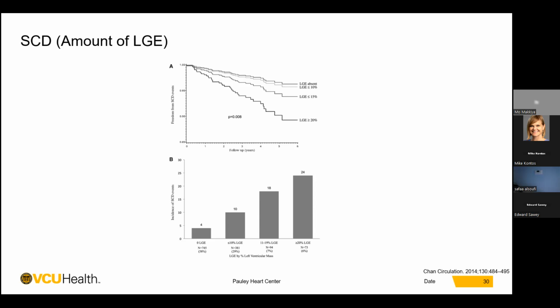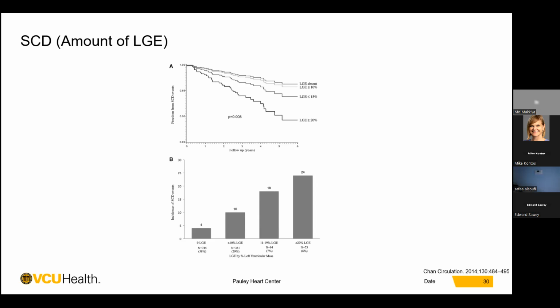This study is an example of that, evaluating the prognostic ability of late gadolinium enhancement for sudden cardiac risk stratification in patients with sarcomeric HCM. It involved about 1,300 patients, followed for several years after their cardiac MRI in multiple centers across the US and Europe, showing the prognostic importance of late gadolinium enhancement in HCM.